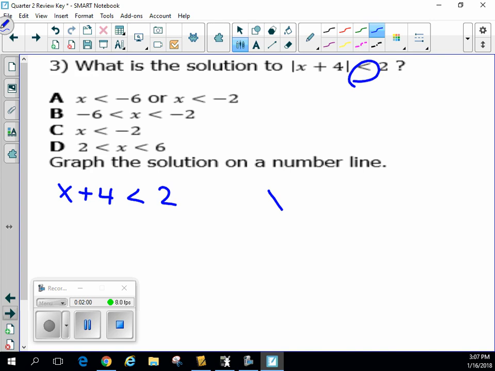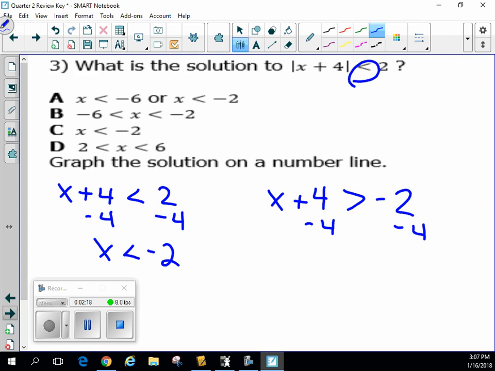So our second one will be x plus 4 is greater than negative 2. Now we need to solve. We want to get x by itself, so minus 4, minus 4. We should get x is less than negative 2, and our second one would be minus 4, and x is greater than negative 6.